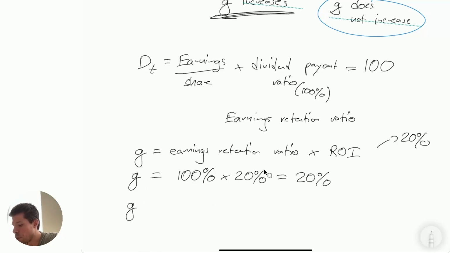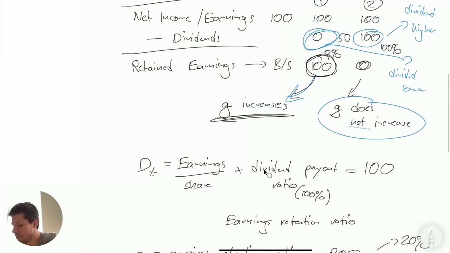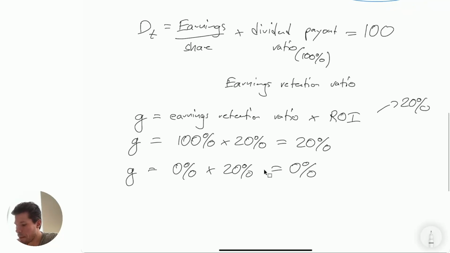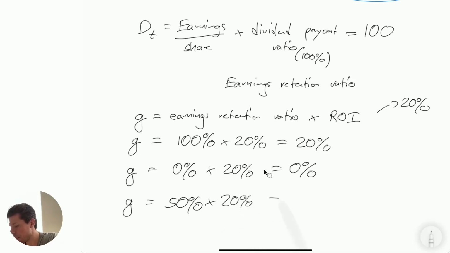If we assume you are not reinvesting because you have paid out everything as dividends, then it's 0% times 20% equals 0%. You're not growing. If we assume maybe the midpoint, you have reinvested 50% times 20% equals 10%. And this is a trade-off.